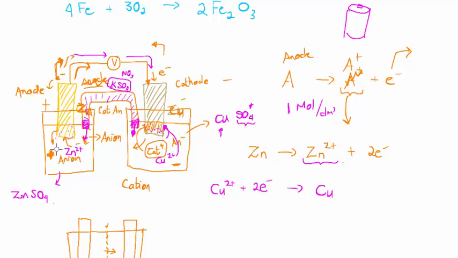Because zinc has now been donated into the system, we need an anion to balance so that the electrolyte isn't positively charged. So the sulfate is again released into this solution. So in this case, we will actually see our 1 mole per cubic decimeter concentration will actually increase on this side over time.